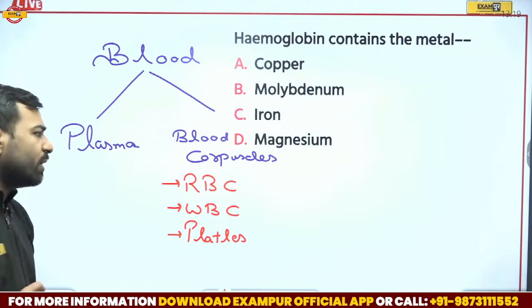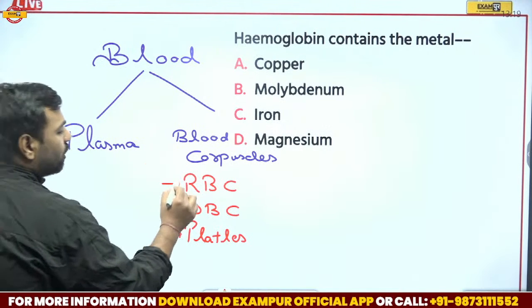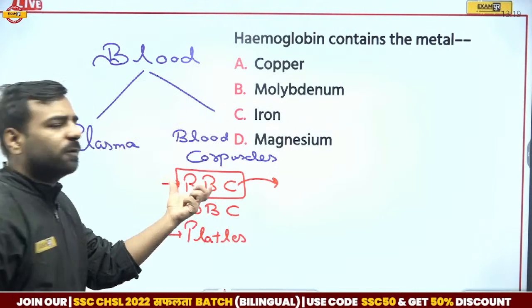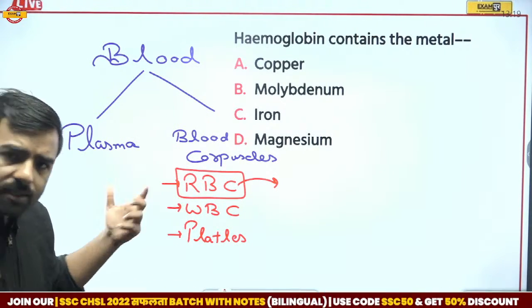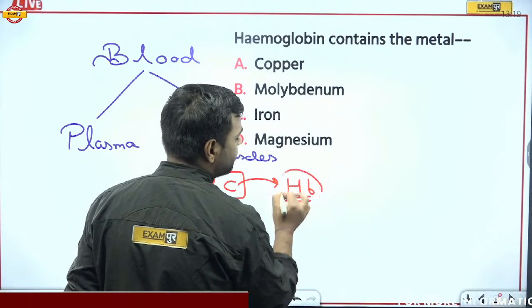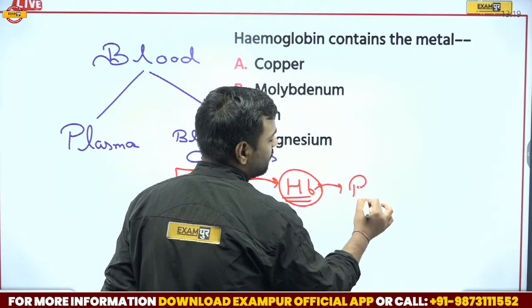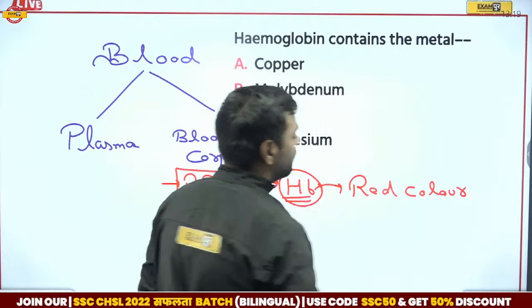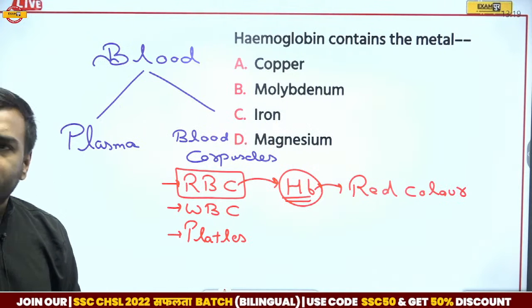Now when we are talking about the RBC part, its full form is red blood cell. And here we have hemoglobin. Hemoglobin is the one which gives red color to the blood. This is asked in the examination. The red color of the blood is actually because of hemoglobin.